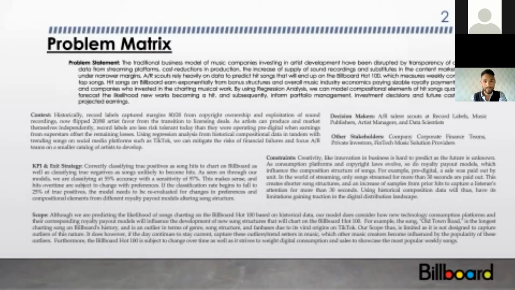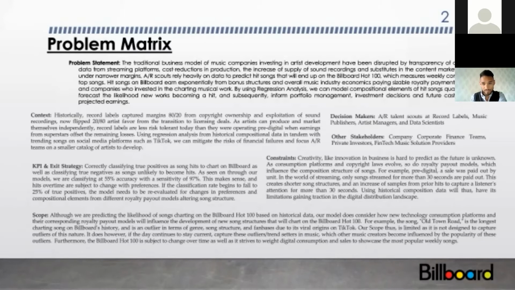So I went about trying to figure out where I was going to pull these specific data sources. And I found MusicID's revenue module very helpful for this project because it allowed us to see some type of insight into how much a song would earn if it ended up on Billboard. And the next source was Spotify, which allowed us to see songs in their compositional element form, which I'm going to get into a little bit further.